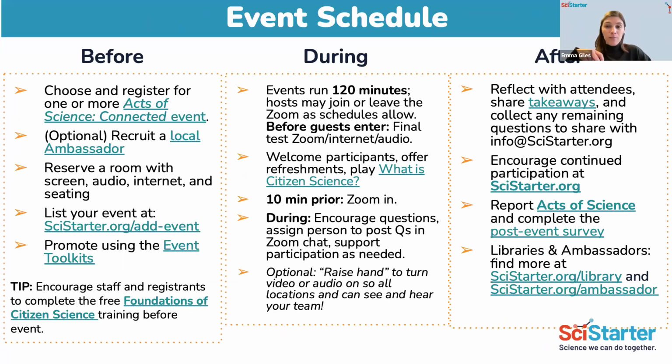You can look into recruiting a local SciStarter ambassador to help you. That links out to our directory. So you can find one that might be nearby you or someone who's interested in a space topic who might be able to support you virtually even. You also list your event at scistarter.org/addevents so we can include you in the map. And then all those event toolkits to make sure you have everything you need in advance of the event.